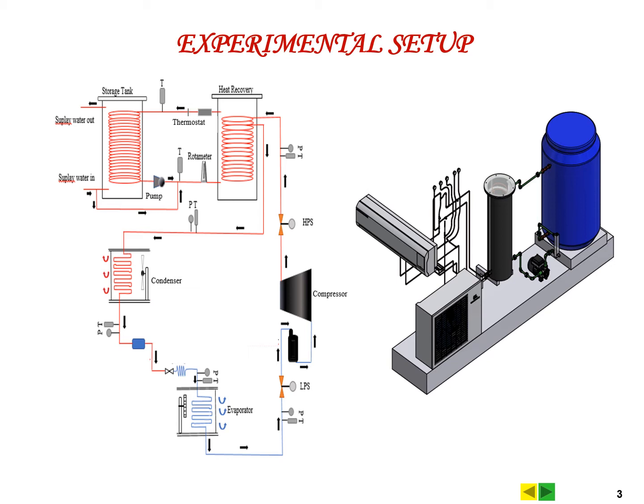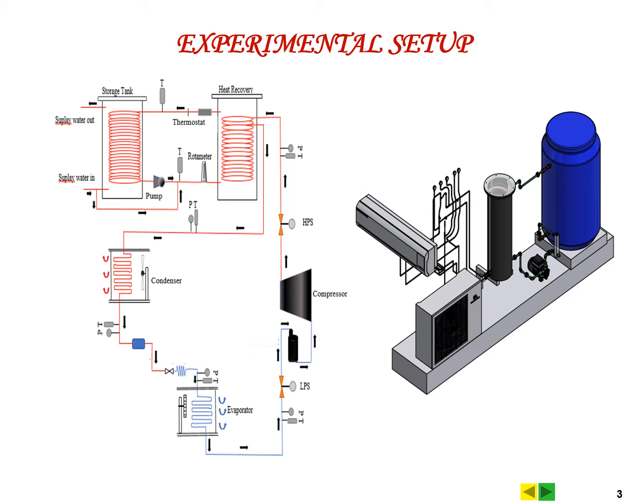In this investigation, the circulation of the heat recovery is divided into two parts: capturing waste heat and storing the heat in the thermal storage tank. The thermostat controls the on-off pump cycle at 40 degrees Celsius.